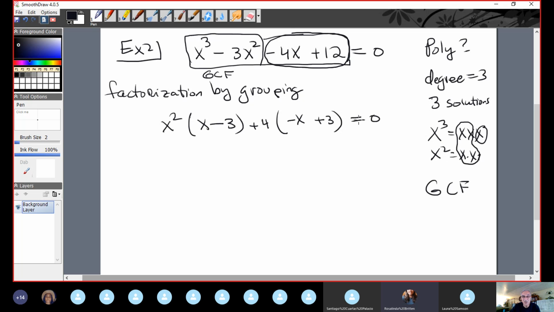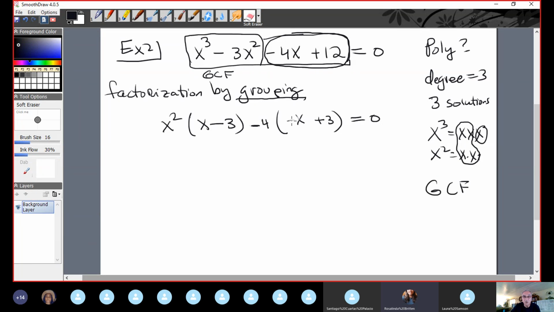This is not good because the good idea of factorization by grouping in the second stage is to have this binomial and this binomial the same. So the fantastic idea is factorization with negative 4. And this is always a challenge. I don't know if it's positive or negative; you try negative, and if it's not the same, it's not good.